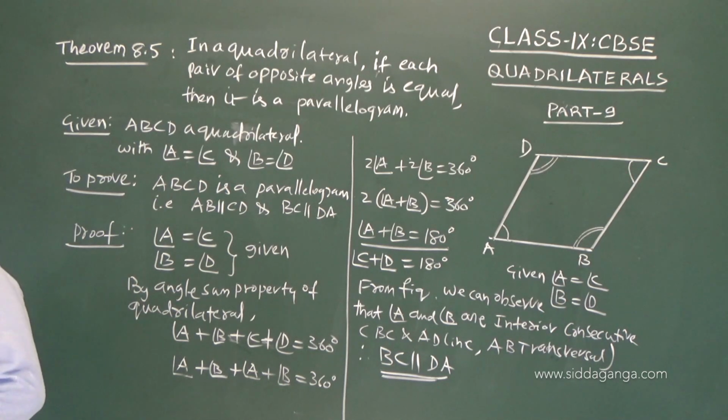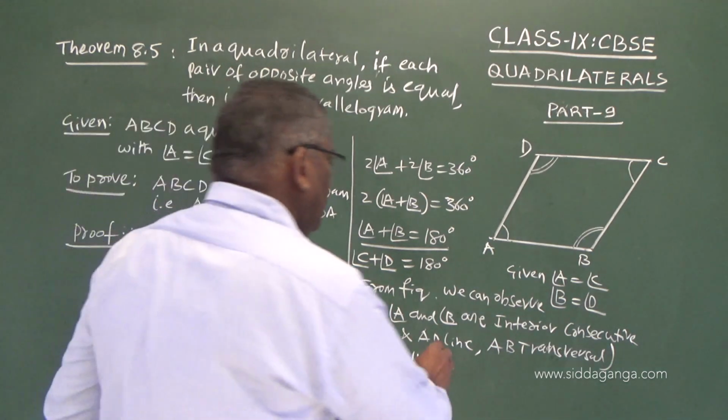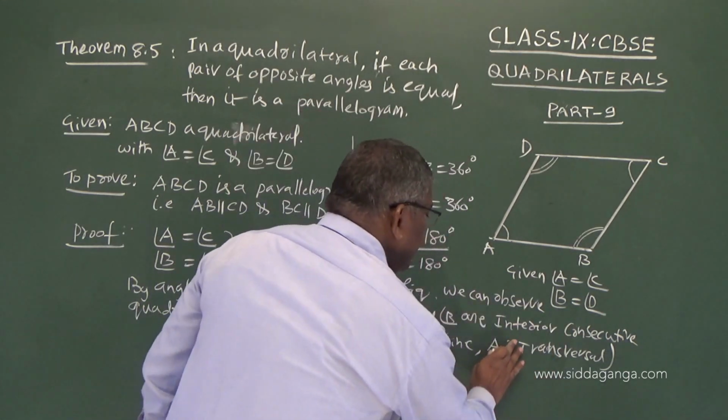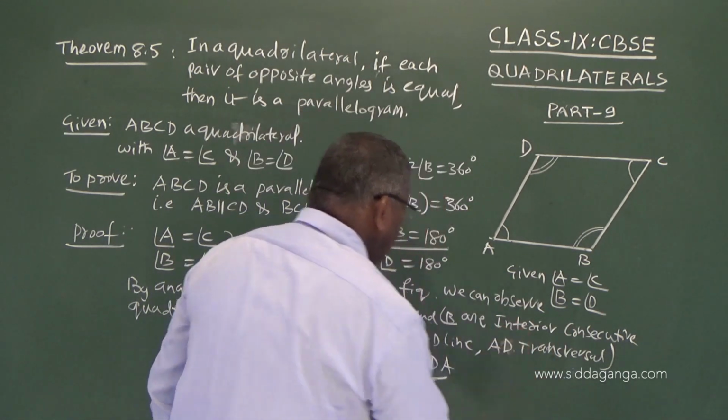AB is parallel to DC, with AD as transversal. You take AD as transversal, then it will be correct.